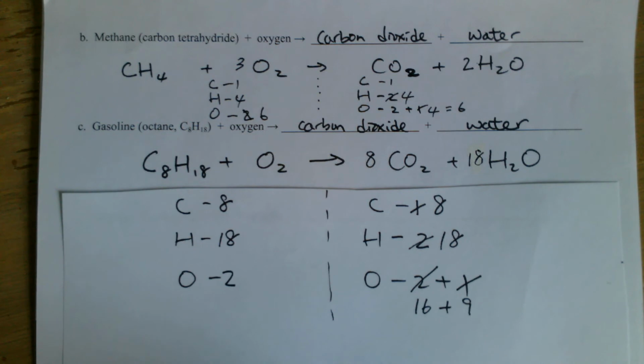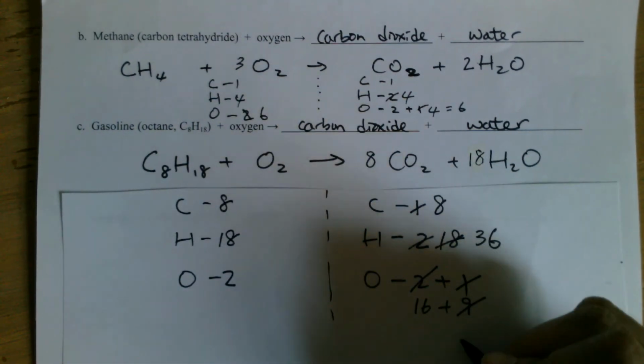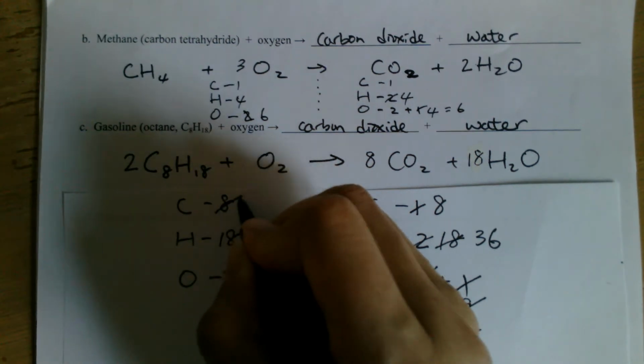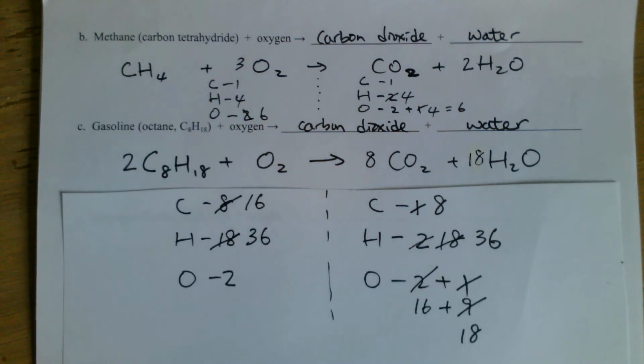That will change my number of hydrogen, which now becomes 36, and this becomes 18. So it looks like we have to go back and fix our number of hydrogen. On the left side, we have 18 hydrogens. We need to double that. So that will give us 16 carbon and 36 hydrogens.